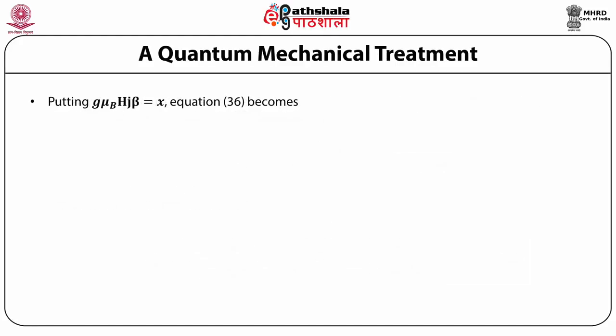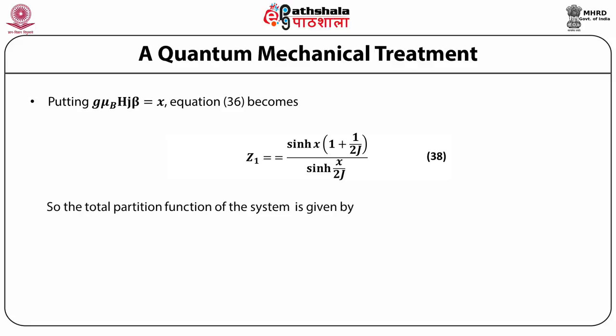Putting g μ_B H J β = x, equation 36 becomes Z1 = sinh(x(1 + 1/2J)) divided by sinh(x/2J). So the total partition function of the system is given by Z = [sinh(x(1 + 1/2J)) / sinh(x/2J)] raised to the power N.